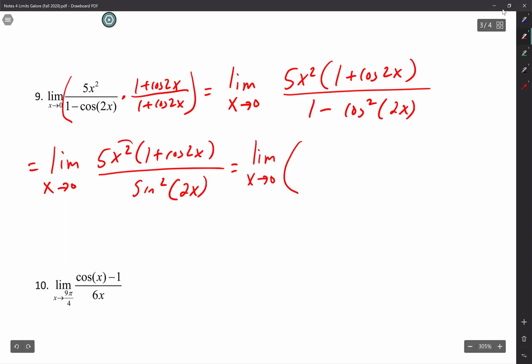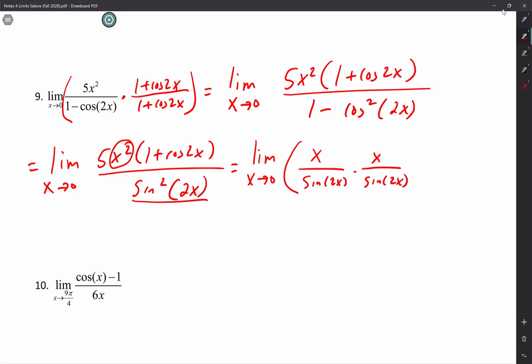Okay, I'm going to take care of that x squared with the sine of 2x. x over sine 2x times x over sine 2x. So there we go. We already took care of the x squared and sine 2x. So what have I not taken care of? I have not taken care of the 5 times 1 plus cosine 2x over 1.